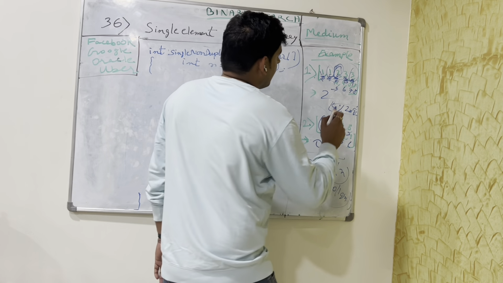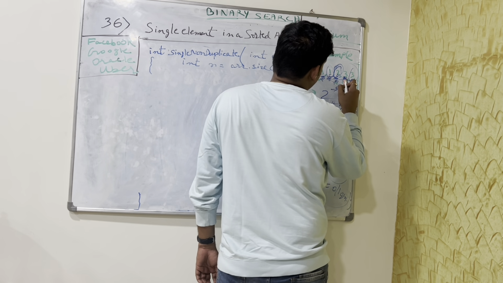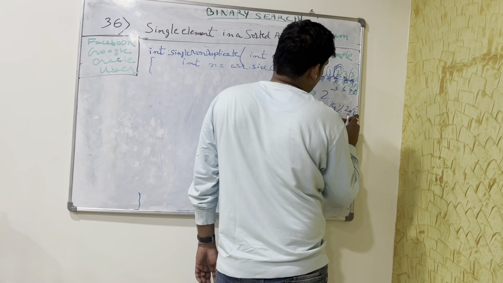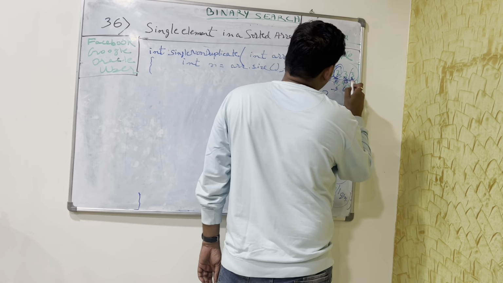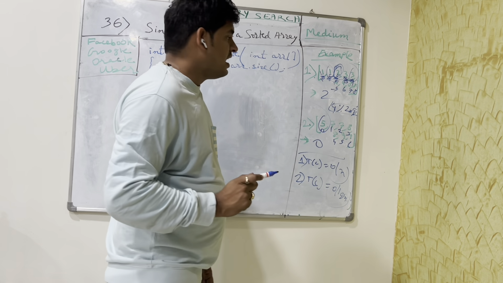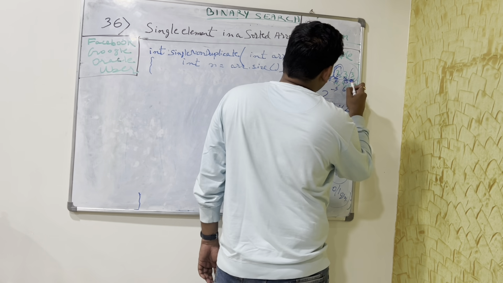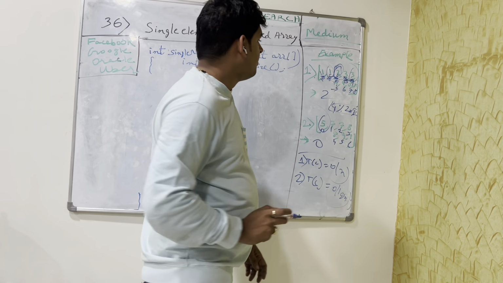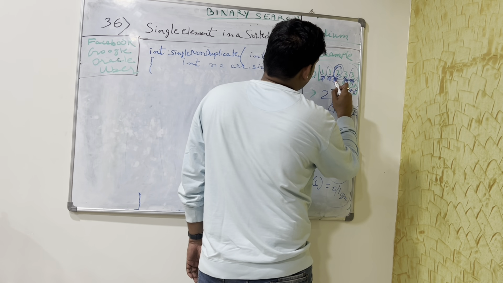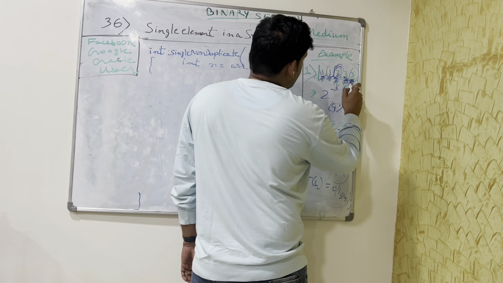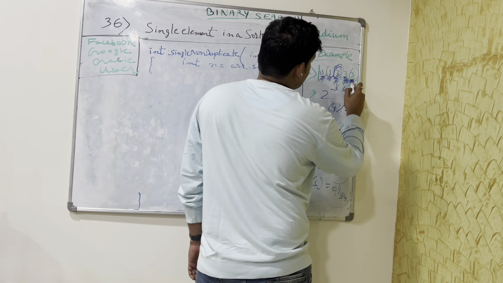So this is equal to its previous element and the mod value of 4 mod 2 is 0. But it should not have been equal to its previous element, because it should have been equal to its next element. Because 0, 1, 2, 3, if everything was in pairs like this, it should not have been so.